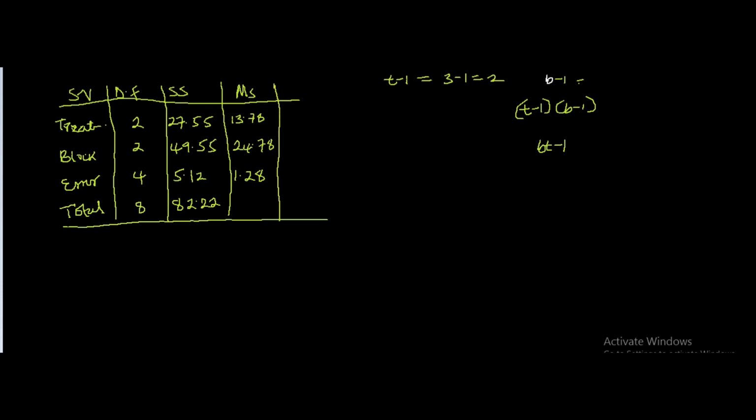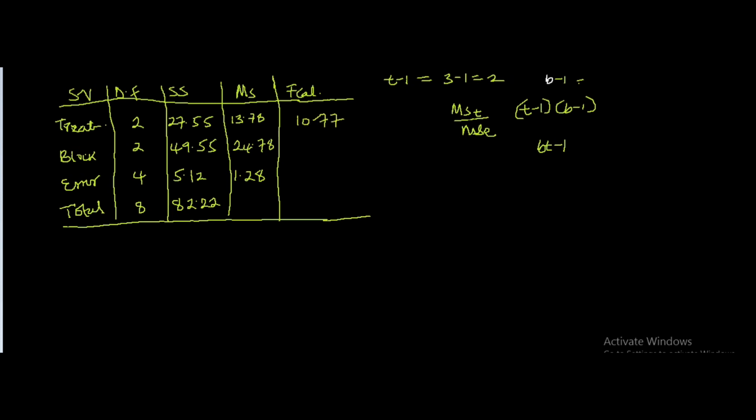So now let's look at our F calculated. The first F calculated, which is with respect to treatment, which was given as MS treatment over MS error, we had it to be 10.77.